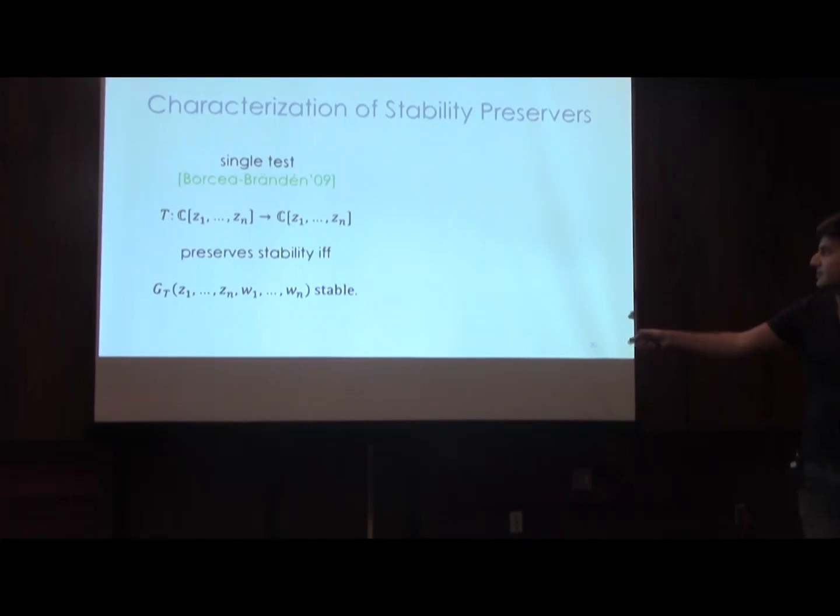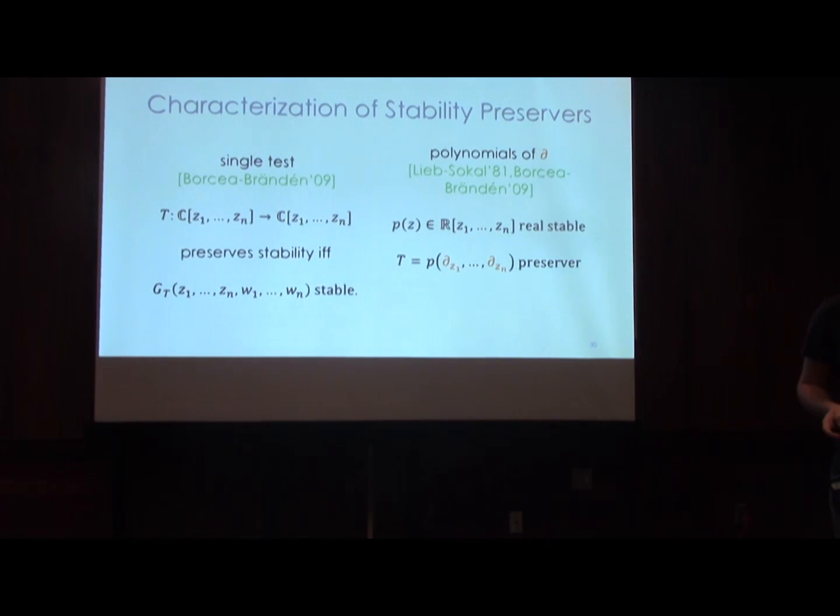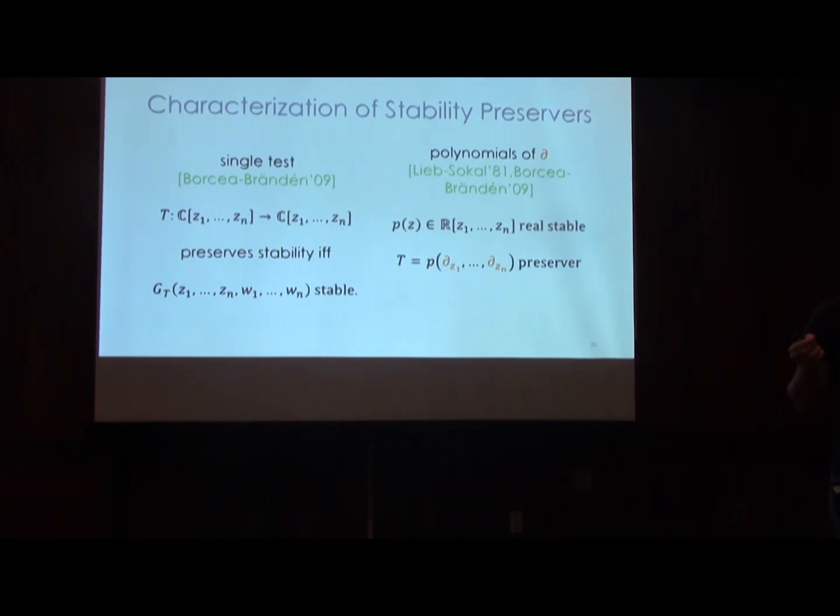I'm not going to be using the full power of this. I'm going to be using a special case, which is operators defined in terms of partial derivatives. We've already seen that just taking a single partial derivative preserves real stability.